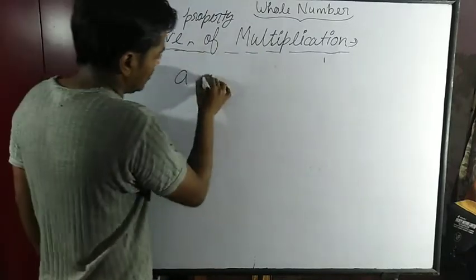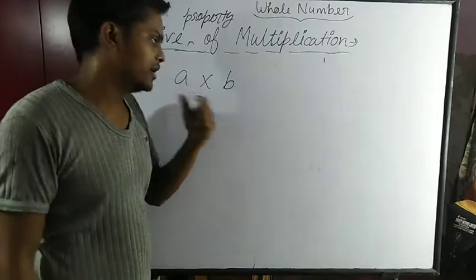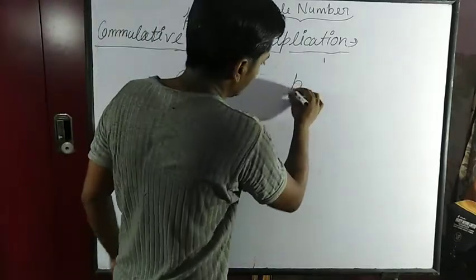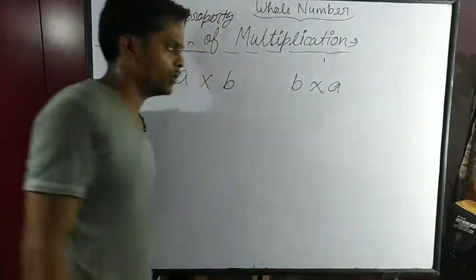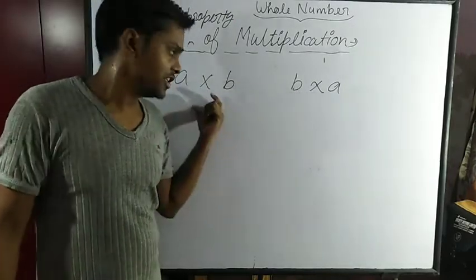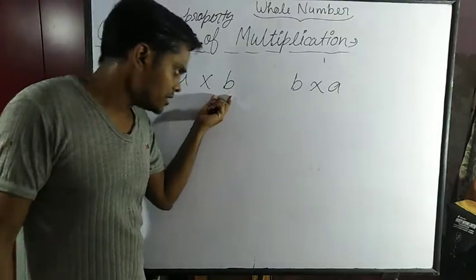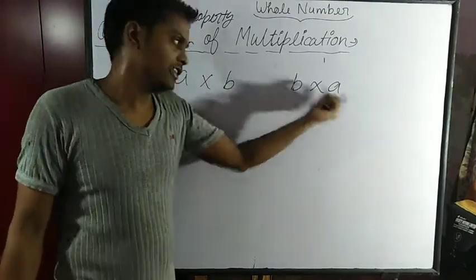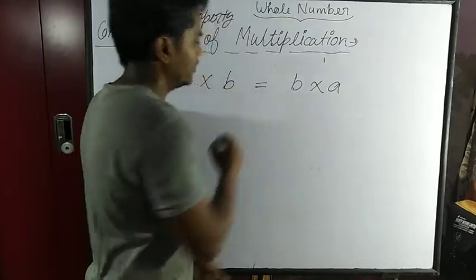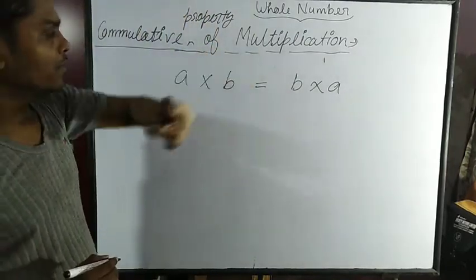It means if we have two whole numbers, the multiplication a into b will be the same as b into a. See, we have just changed the order. First becomes second and second becomes first on the other side, but both answers will be equal. So this is the commutative property of multiplication.